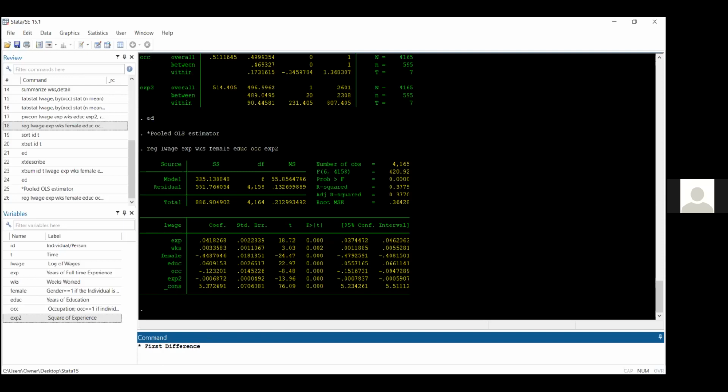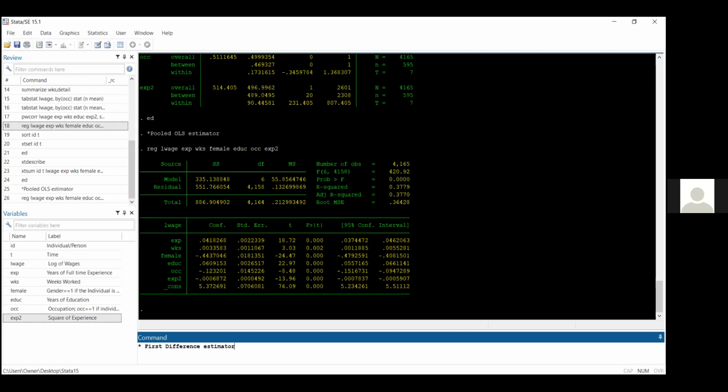And the first difference estimator, if you recall, was that you are taking changes for all the variables, largely to correct for one-period changes for each individual, to correct for potential omitted variable biases that may exist.